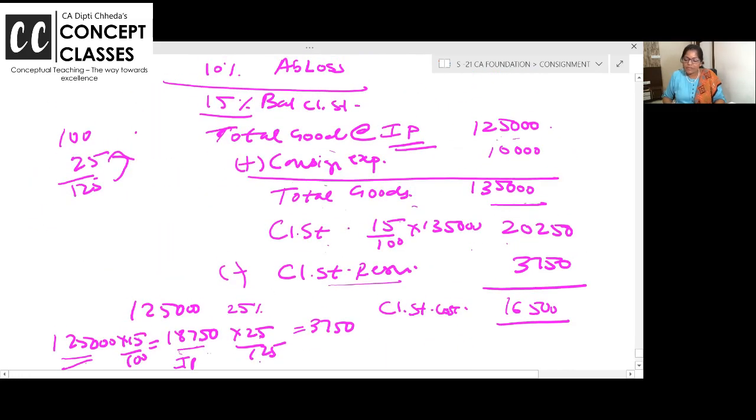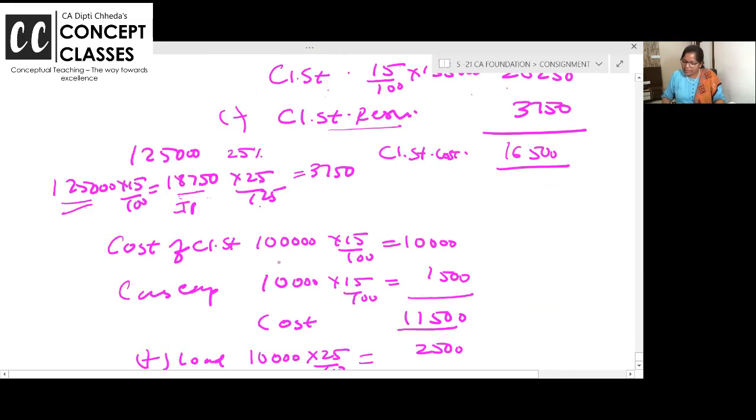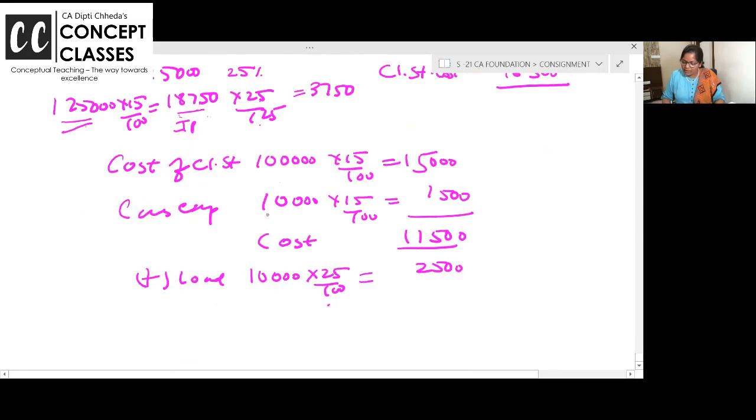On 1 lakh 25,000, 25. So 15% of 1 lakh is in stock. All right, 15% is 15,000. Sorry, and 15% of the 10,000 expense also, 1,500. So this is 16,500. Now any doubt?